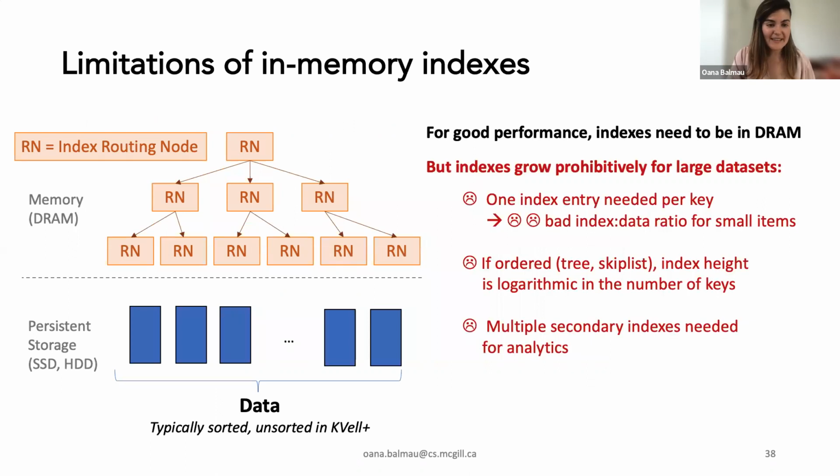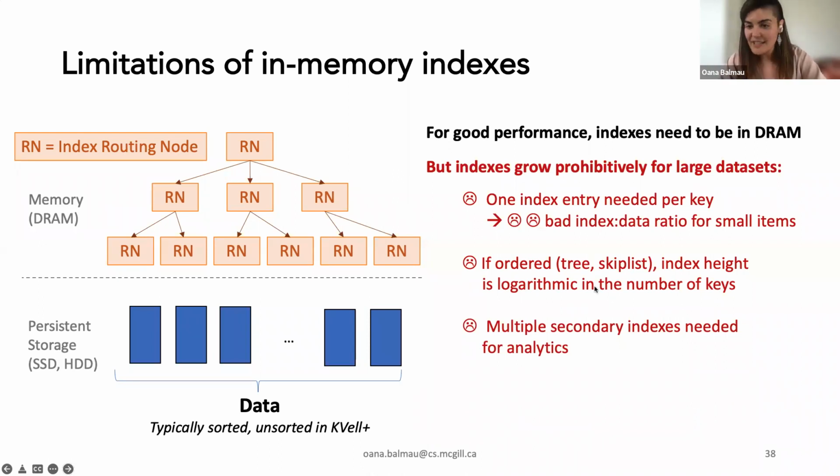As I was saying, for good performance, the indexes need to be fully in memory. However, we have a number of problems that cause index bloat. We can have this bad ratio of index to data for small items. We might have even the height of the index itself that adds even more metadata.